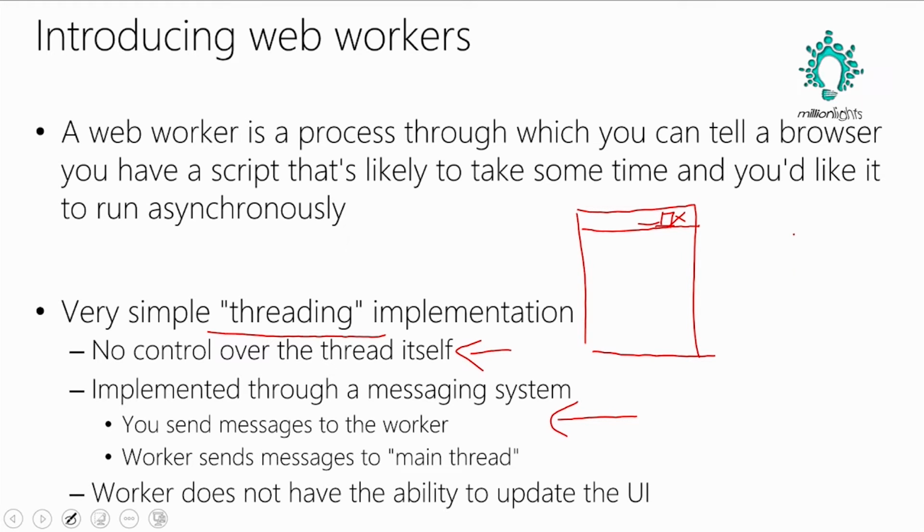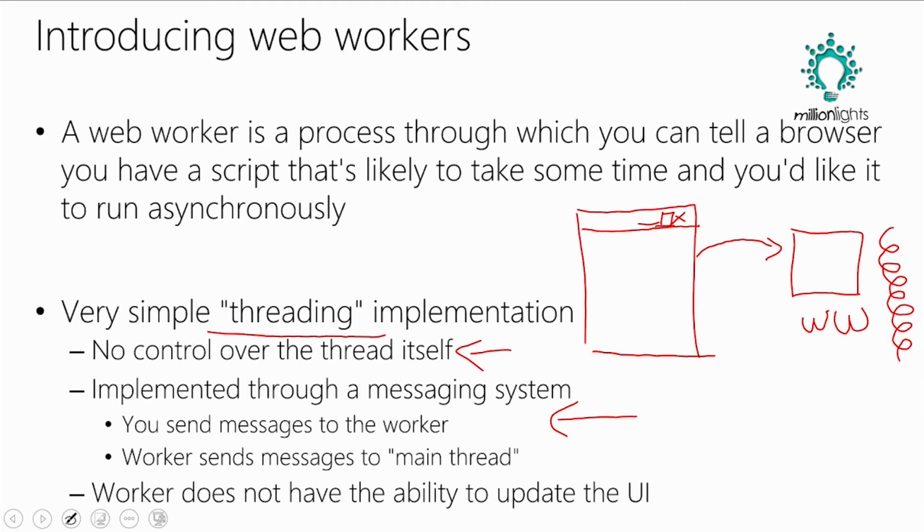And then over here, I'm going to have my little web worker. And so what I'll do is send a message over to the web worker. The web worker will then do its work, whatever it is that it might want. And then when it realizes, oh, I need to let the caller know what went on, it's going to send a message back to the original caller, which in my little drawing here is going to be the browser.